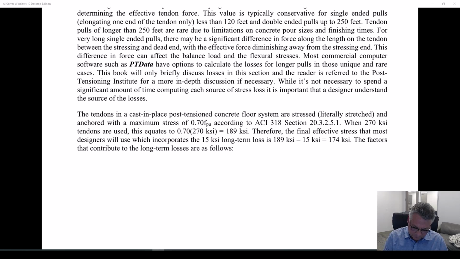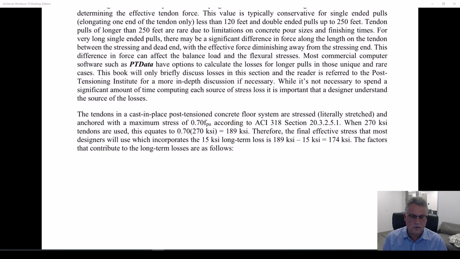Code says when all is said and done, when you've stressed and anchored, you can't be more than 70% of the breaking strength of the strand. But that's exactly what we're going to stress to. And we don't kid around here. We will take that up, stress it to 0.8 FPU, and then when it locks in and seats, theoretically it's at 0.7 FPU or close enough.